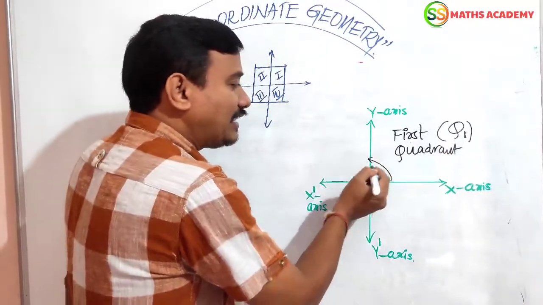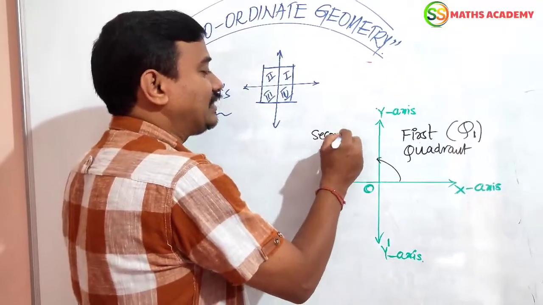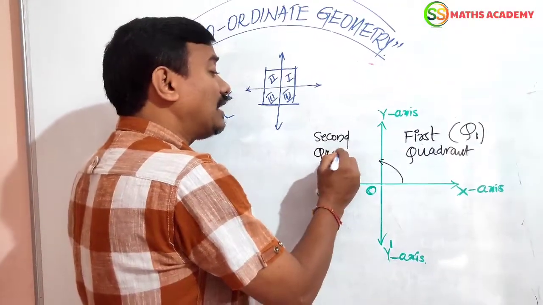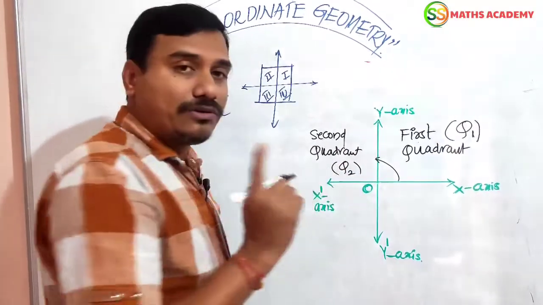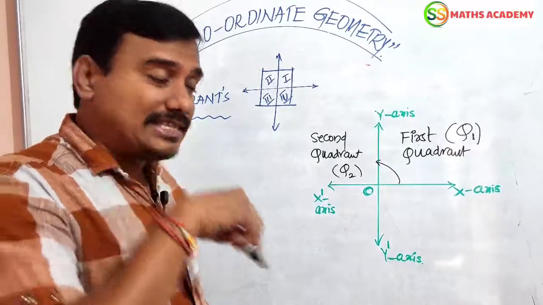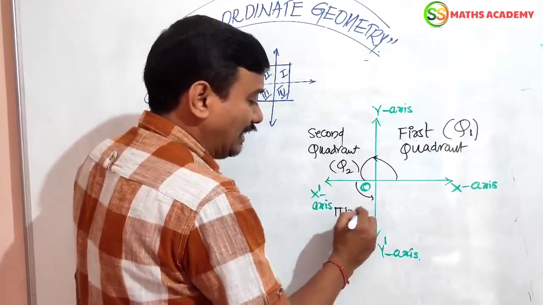Now in the anti-clockwise direction, the next region is called the second quadrant, denoted by Q2, and the next one is the third quadrant.